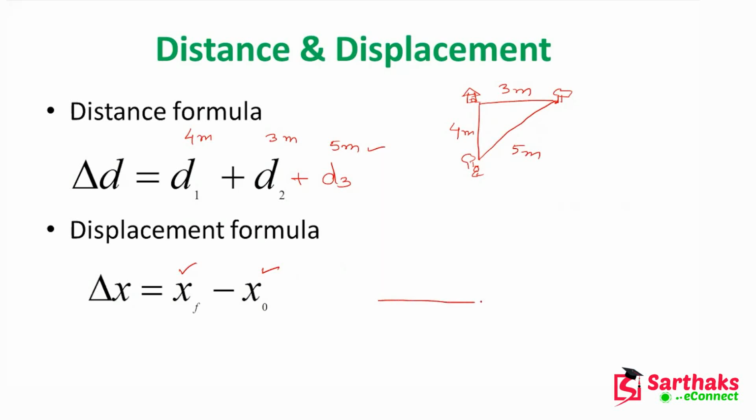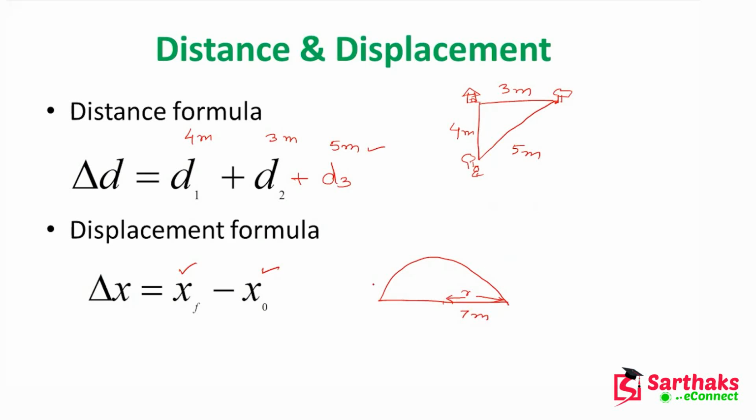The same example, the park with the semicircular path. Suppose the radius of the path, this is the R, the radius of the path is 7 meter, right? So what is the distance and displacement of this path?